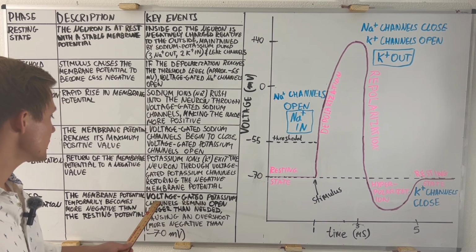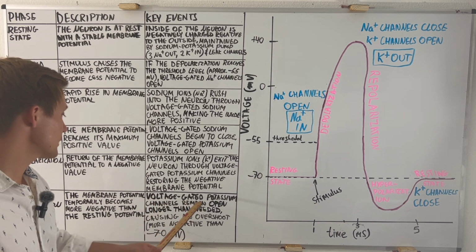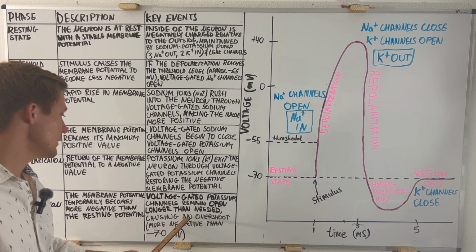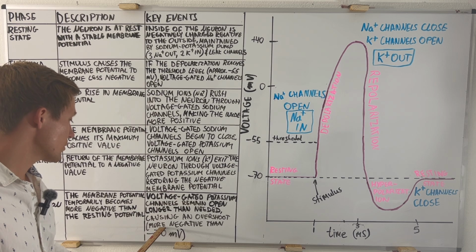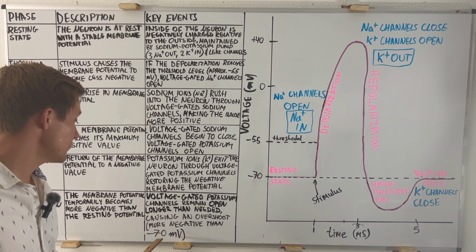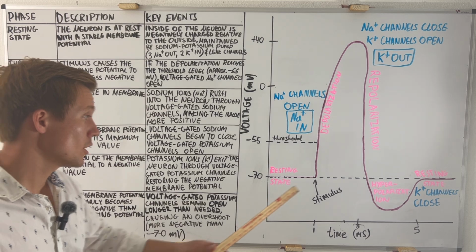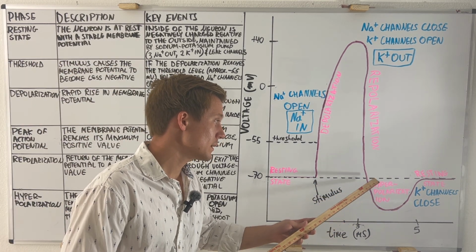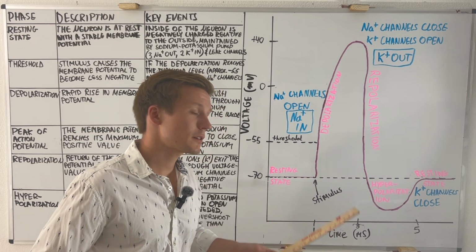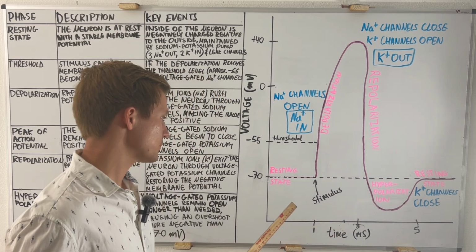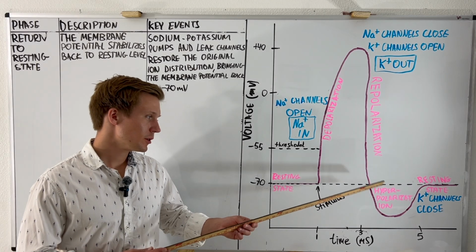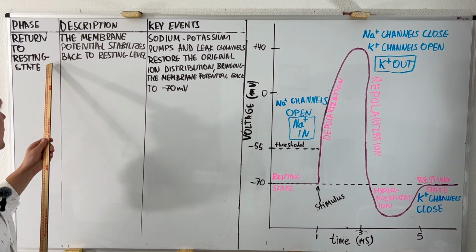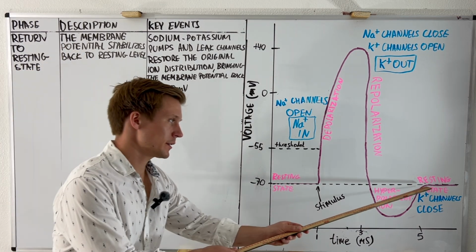And during hyperpolarization, voltage-gated potassium channels remain open longer than needed, causing an overshoot, which is when it becomes more negative than -70 millivolts. So this here is the hyperpolarization stage, but this dip here can also be characterized as an overshoot. And so after the hyperpolarization occurs, we will be then returning back to the resting state right here.